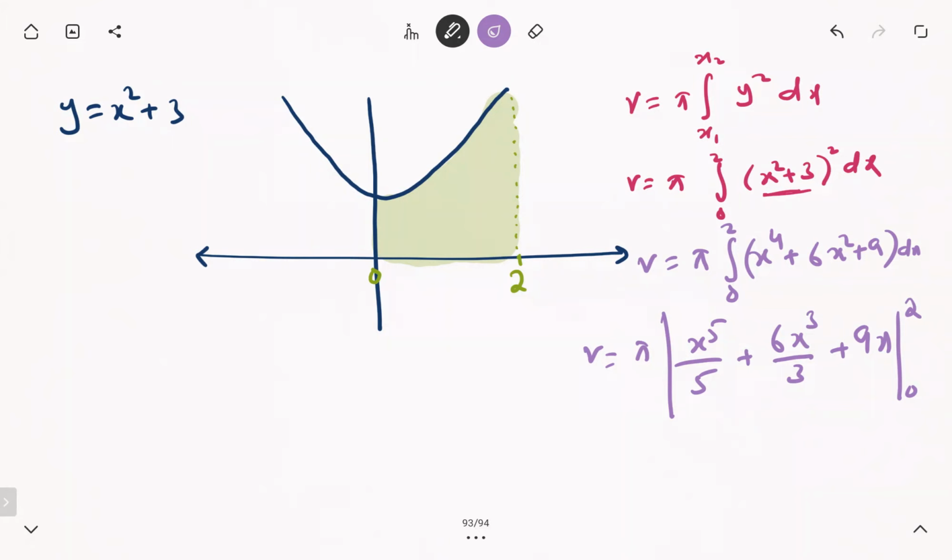G, tell me what is the answer? Write in the chat box. What volume is generated by that 3D shape, that shaded region when it is rotated about x-axis?